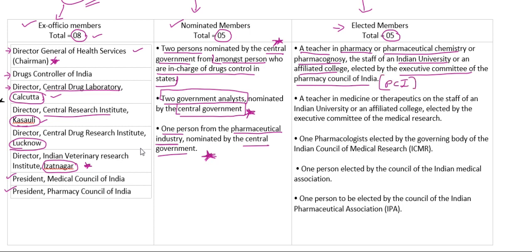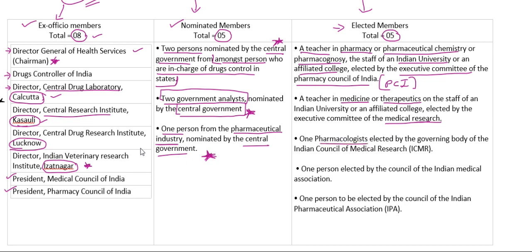One person is elected from the teaching field. Next, a teacher from the medicine or therapeutics field, who is elected by the executive committee of the Medical Council.